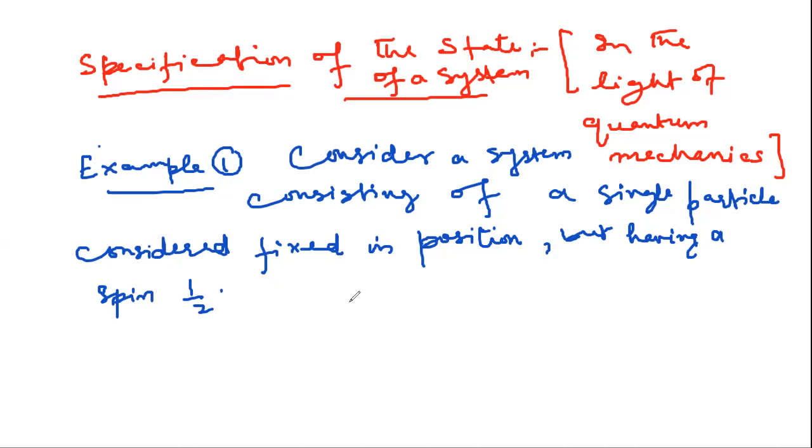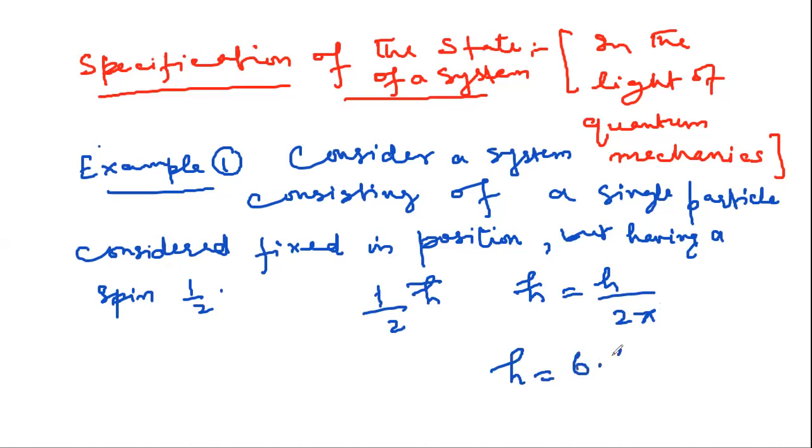That means its intrinsic spin angular momentum is half h bar, where h bar is h by 2 pi, and h is Planck's constant with value 6.6 times 10 to the power minus 34 joule second, right?